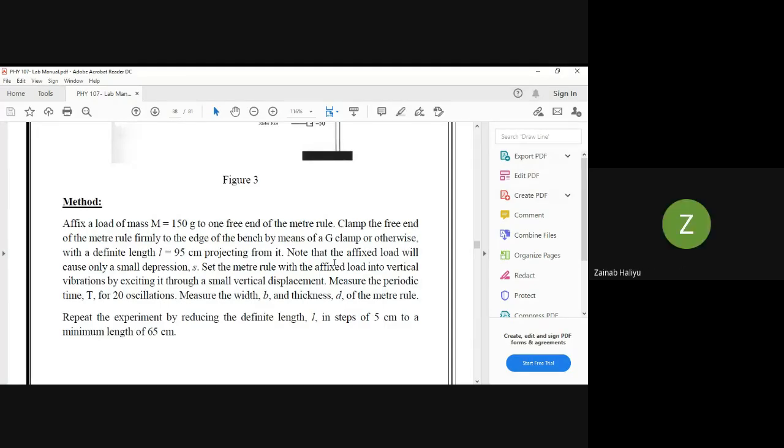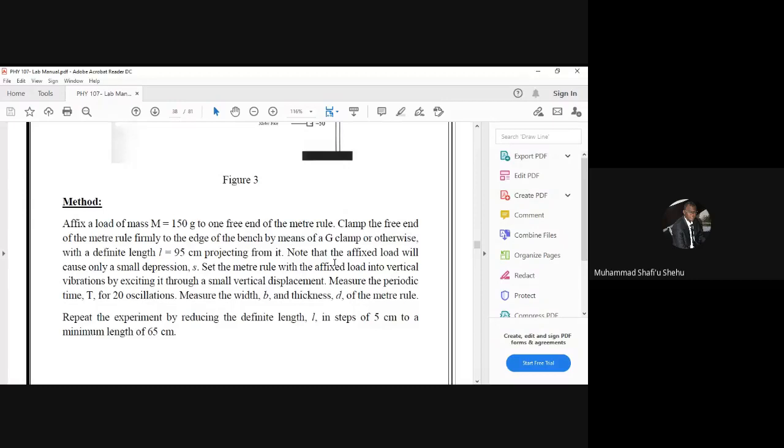With a definite length, 95 centimeter projecting from it. Okay, that means the length of the meter rule that we're going to use is 100 centimeter. But the length that we're going to attach to our G clamp is going to be at 95.